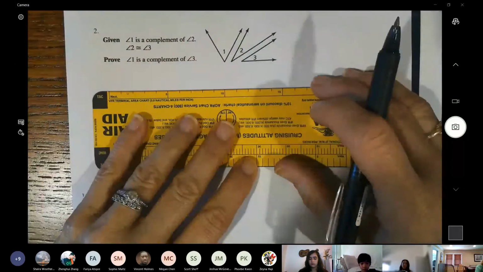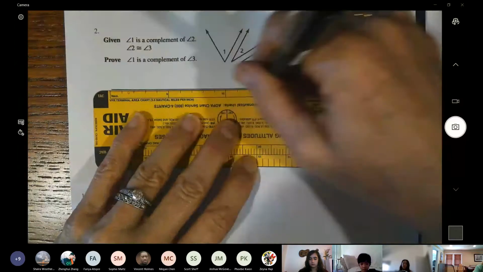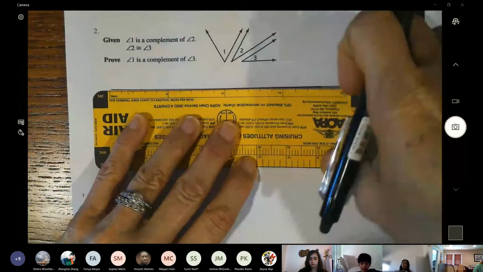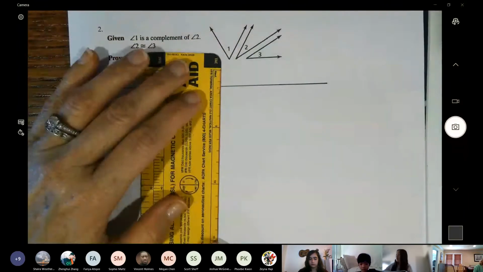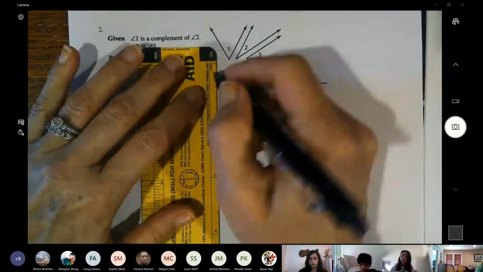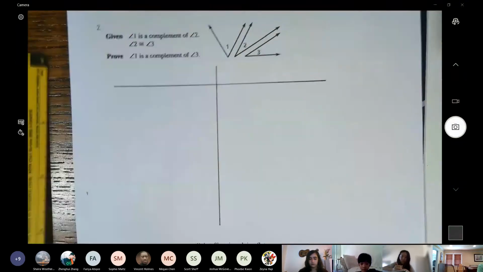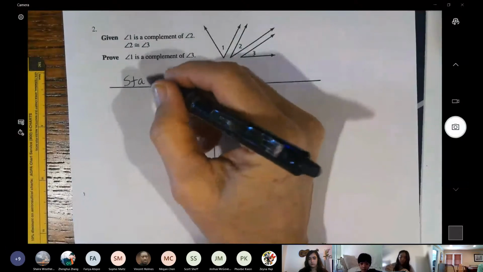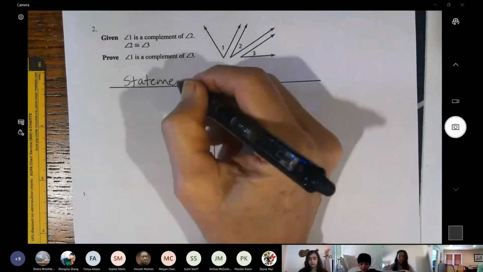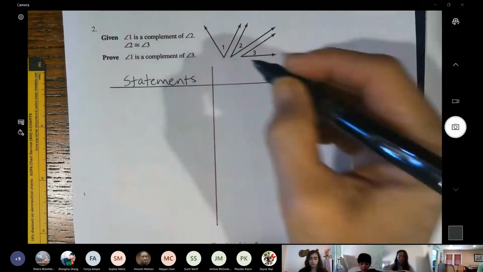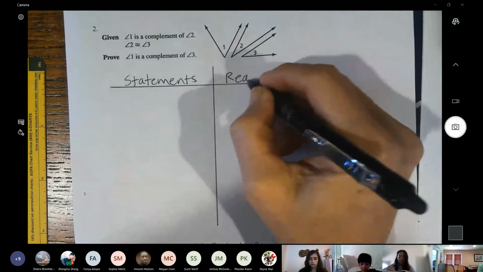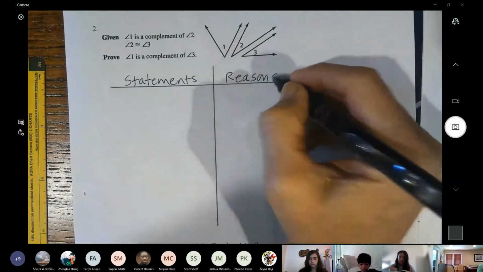And I'm going to start by doing what I call a T-chart. It's not really a T-chart, but I like to always start with my straight lines because it's always the same way. Here's my statements, and here's my reasons.